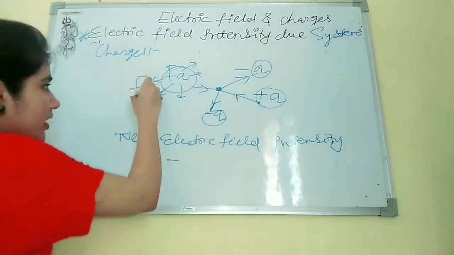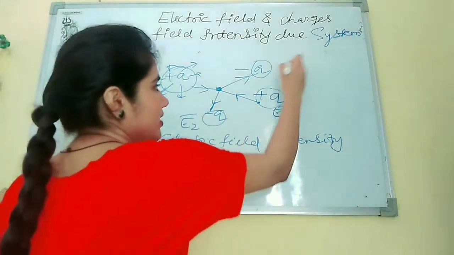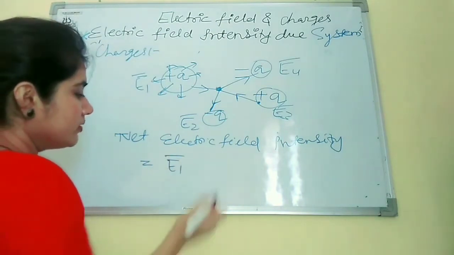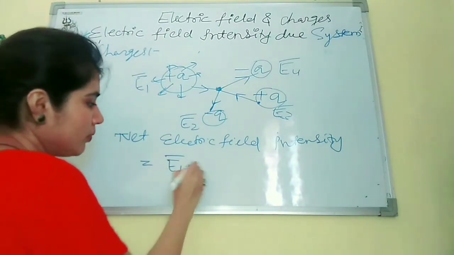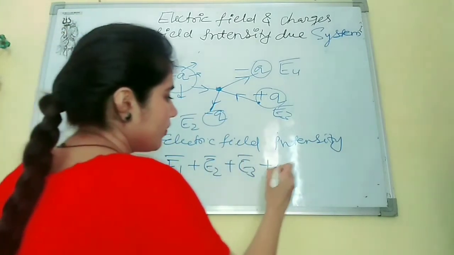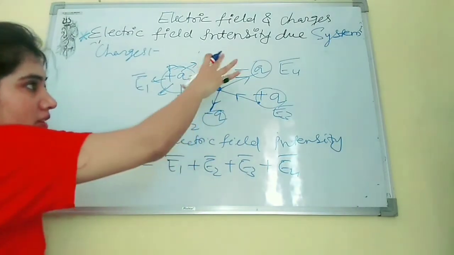Suppose this is E1, this is E2, this is E3, and this is E4. So it will be vector E1 plus vector E2 plus vector E3 plus vector E4.